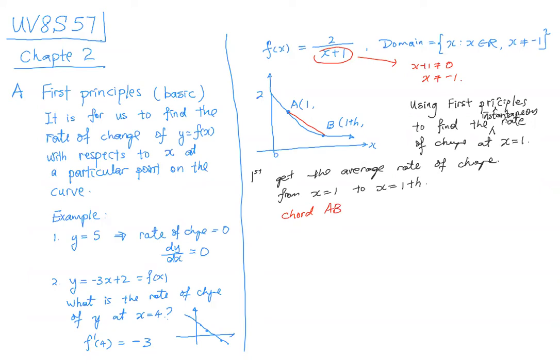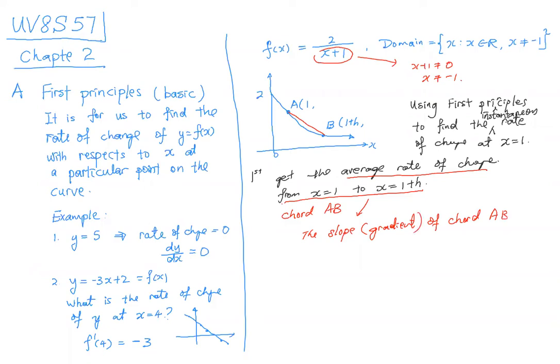So if we want to find the average rate of change from x equal to 1 to x equal to 1 plus h, that means we are trying to find the slope or the gradient of chord AB.